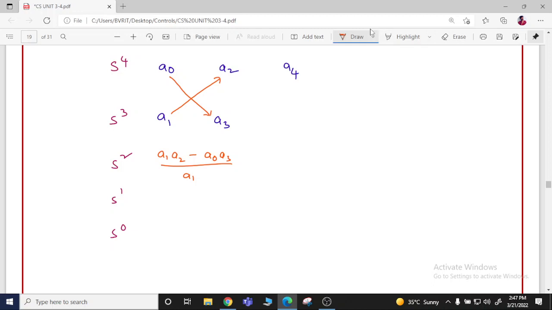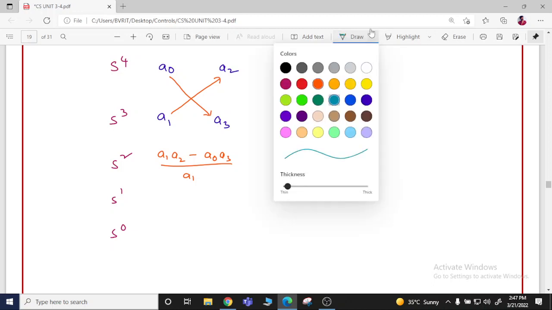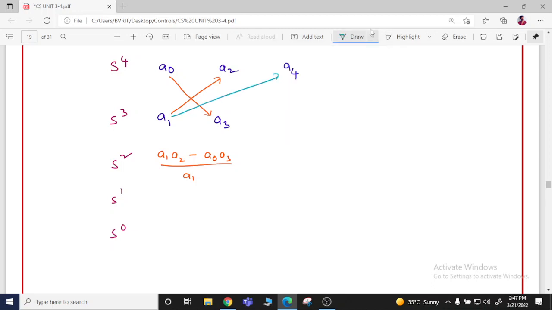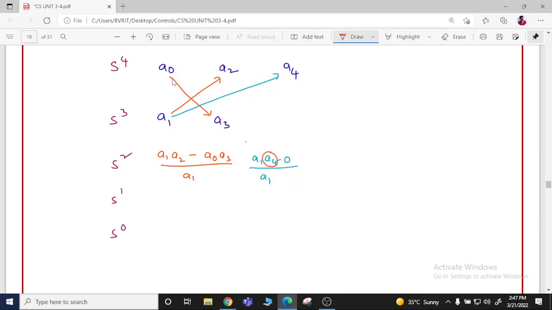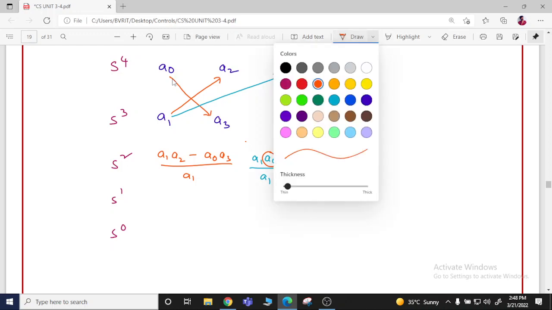For the second one, a1 into a4 minus a0 into 0, divided by a1. That means a1 into a4 minus 0 divided by a1, so it gives us only a4. We can directly write a4, or we can multiply that one.